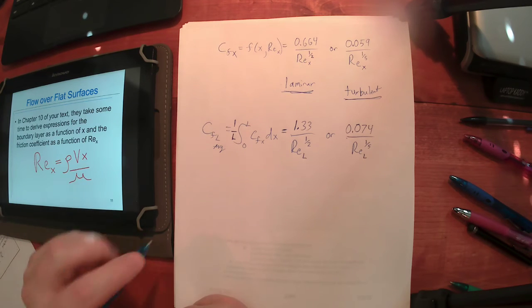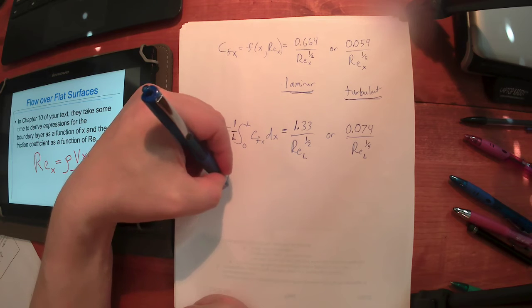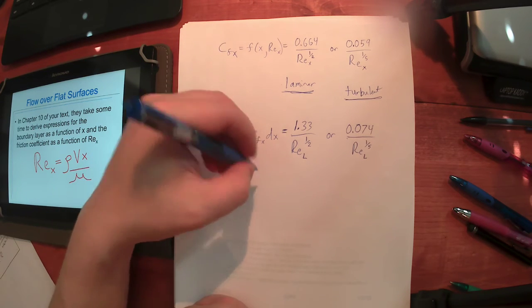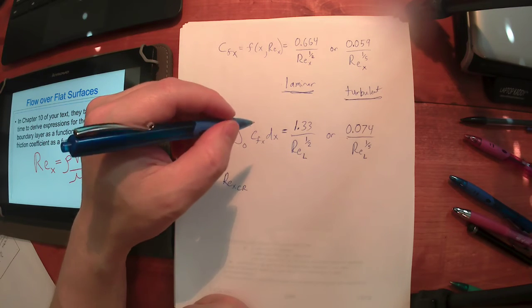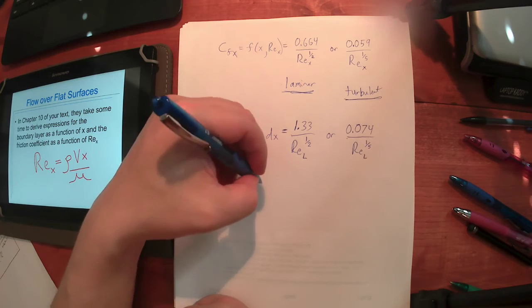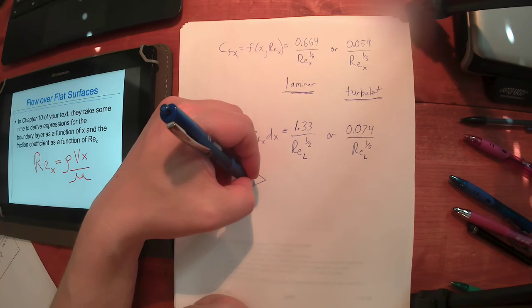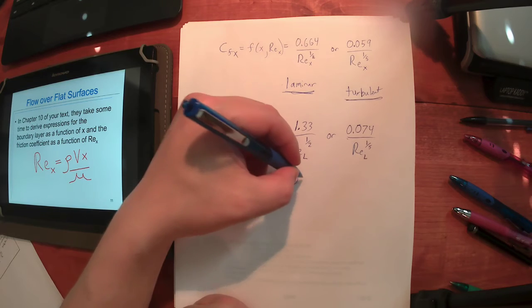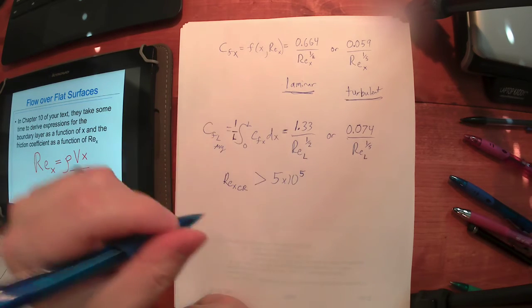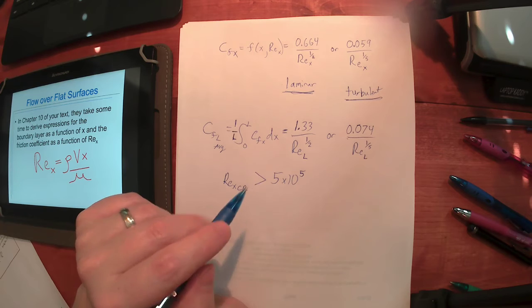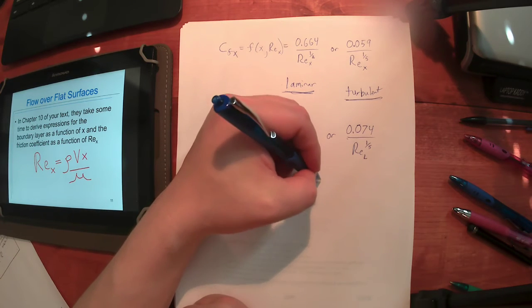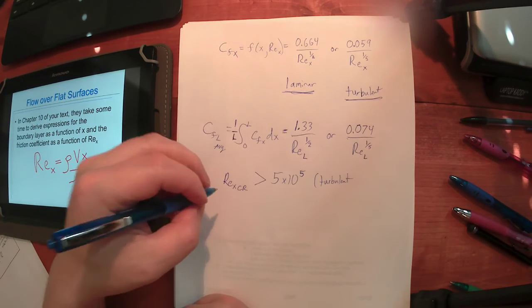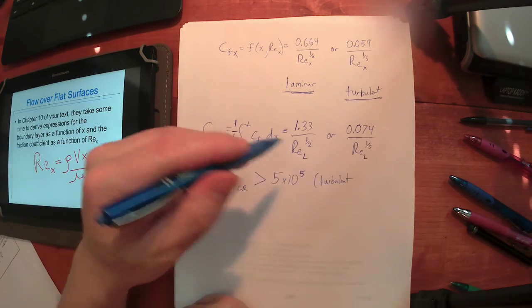So what they'll tell you there is the critical value between laminar and turbulent. They're saying 5 times 10 to the 5. So anything greater than this is turbulent. Anything less than 5 times 10 to the 5 is laminar.